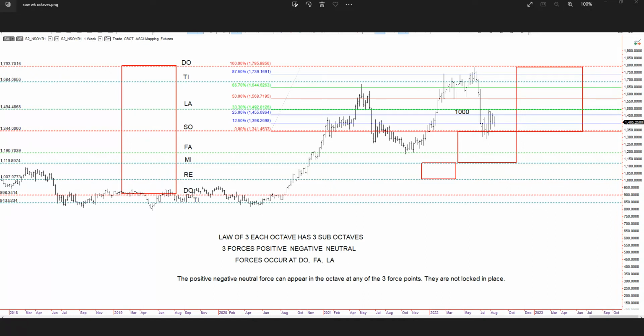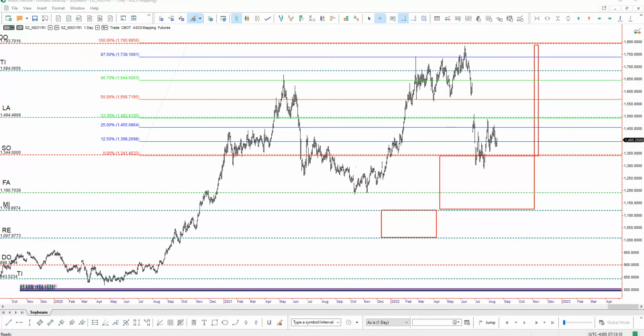I'm going to flip to a daily chart and we're going to just zoom in on this larger octave right here on a daily chart, between this so and the do note here on this larger octave. So let's dial in and take a look at that. So here's a dialed in daily chart with the same levels marked on it.